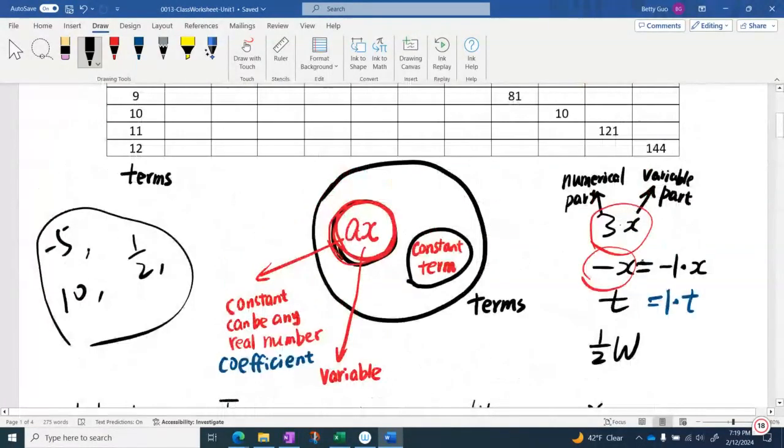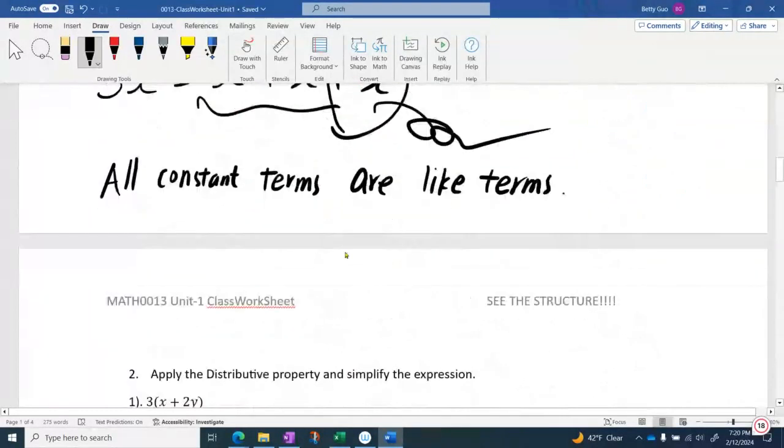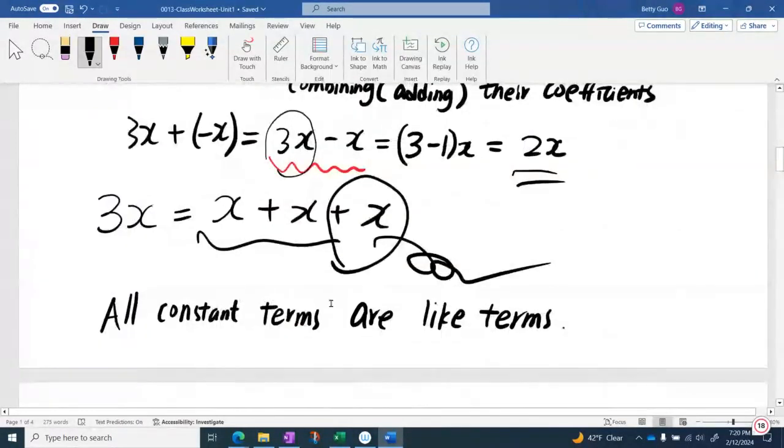So in a sense, they have exactly the same variable part, right? The variable part is absent, so it's the same. So they are like terms. And you can combine them just by adding those numbers together. Constant terms are like terms. We can combine them as usual, like adding numbers together.